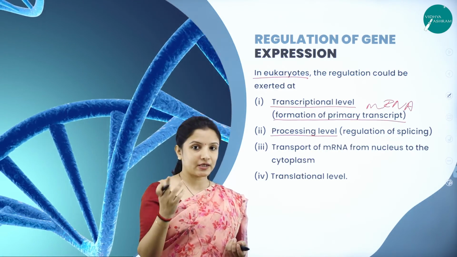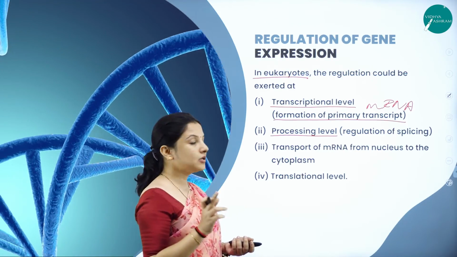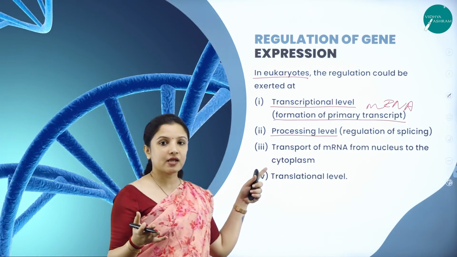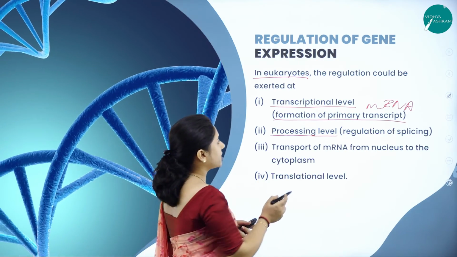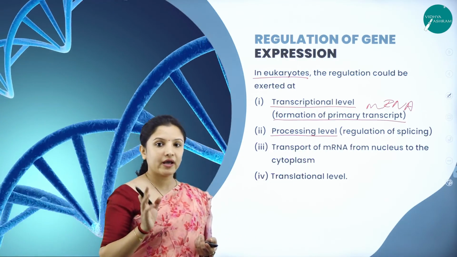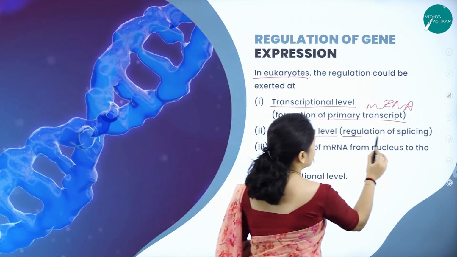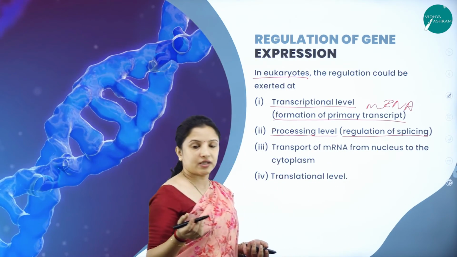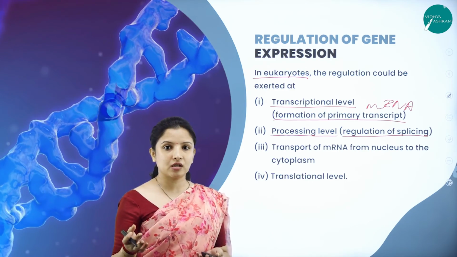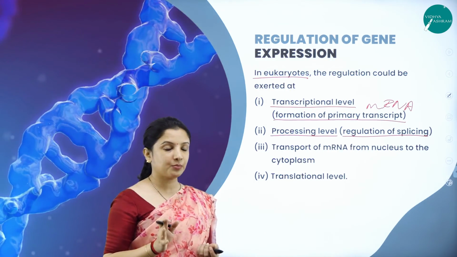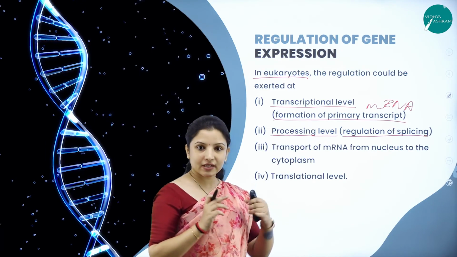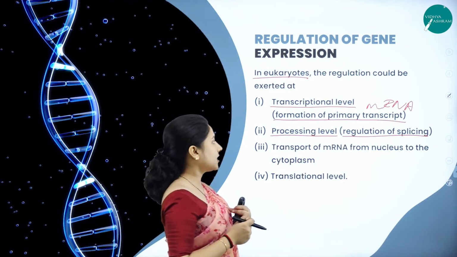So if the introns had to be removed, then a particular level has to be undertaken by the mRNA strand, which is called the processing level, wherein the splicing mechanism will occur. And we had learned in splicing how capping will occur, how the methionine will go and bind there. All that we have studied in the previous session. So therefore, the processing level we have learnt about.